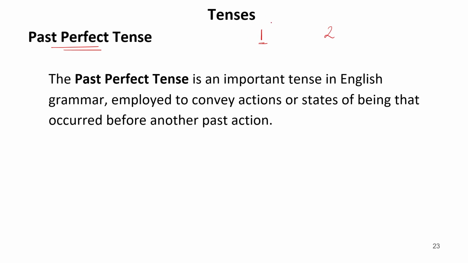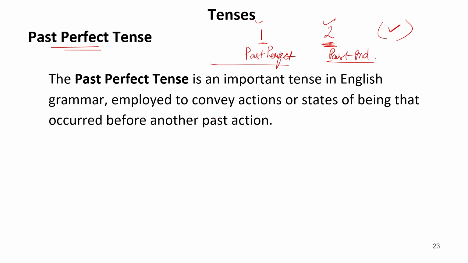The first action must have been performed earlier. Both actions are completed, but first this action took place and then the other. So the action which had taken place earlier should be written in past perfect tense, and the remaining should be in past indefinite or simple past tense.